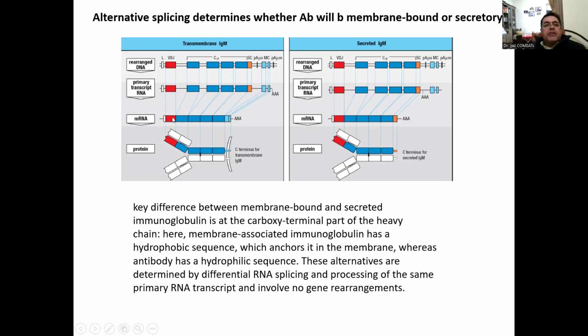And when this mRNA is translated, the protein is formed here. This is the antibody protein that has been formed.